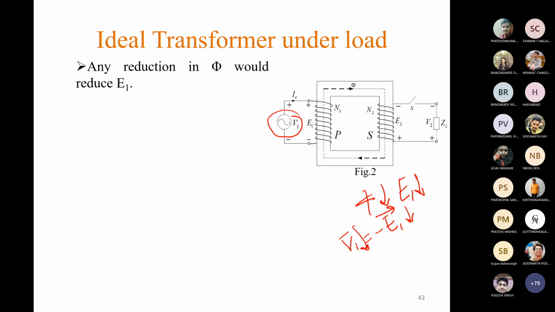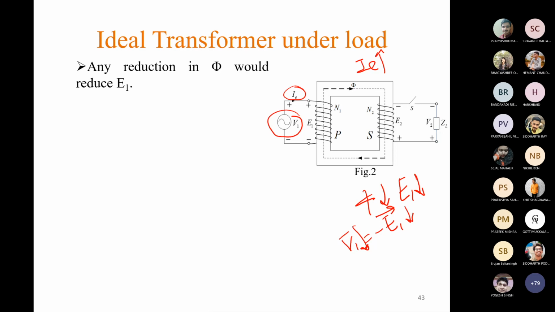What is the meaning of that? To remain the flux value constant, this current value I will increase. This I will increase because some portion will nullify the effect of this I2, that means phi 2. I2 is producing flux phi 2, which is trying to reduce the flux phi.